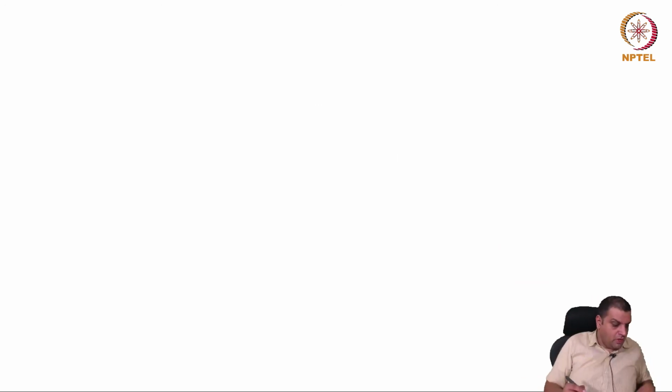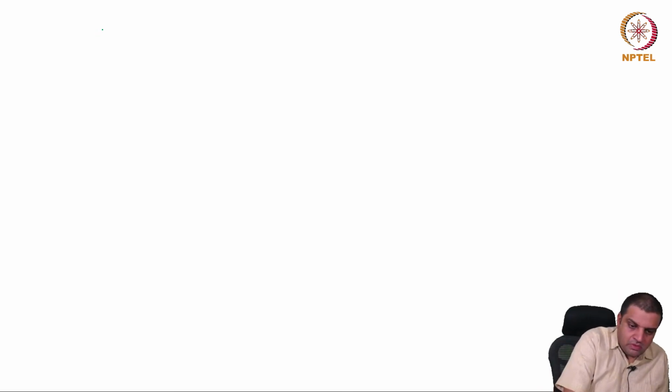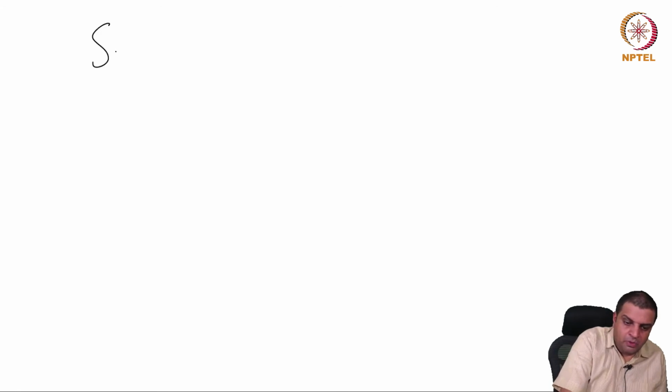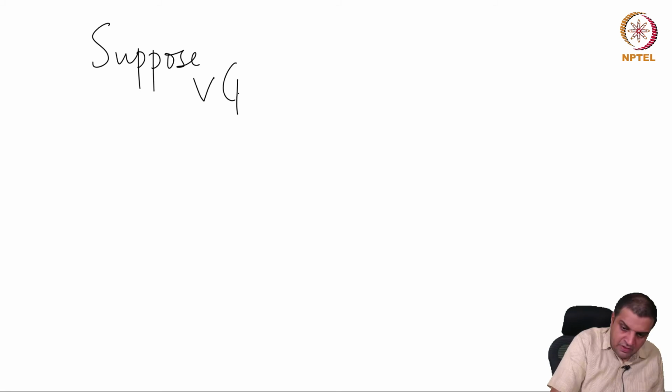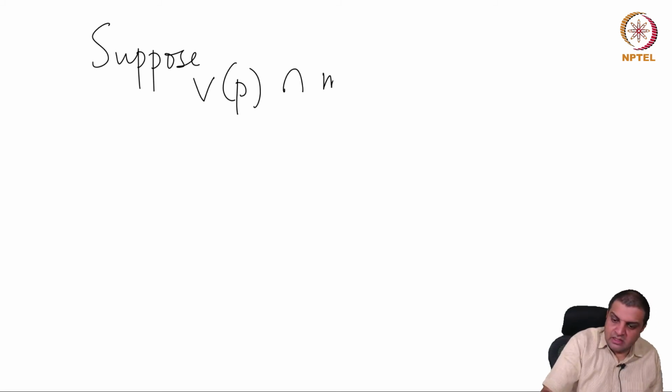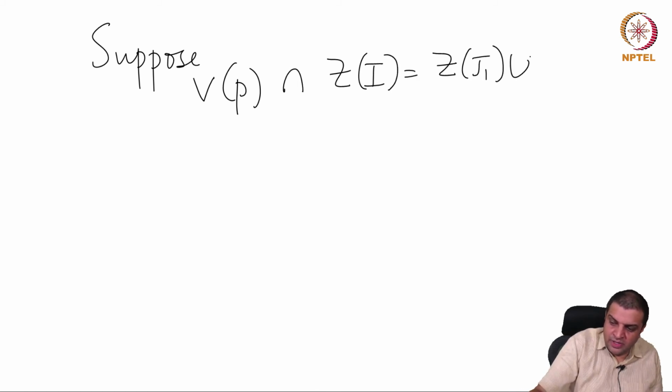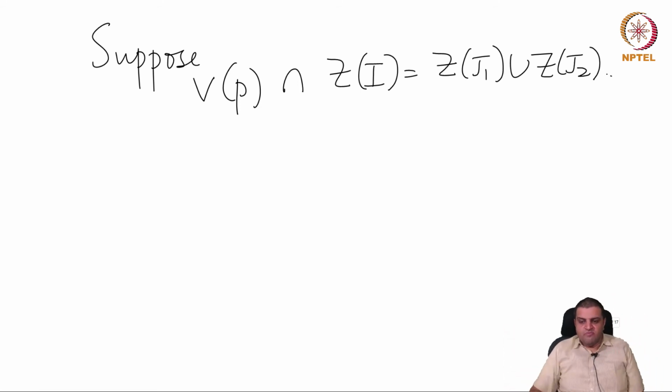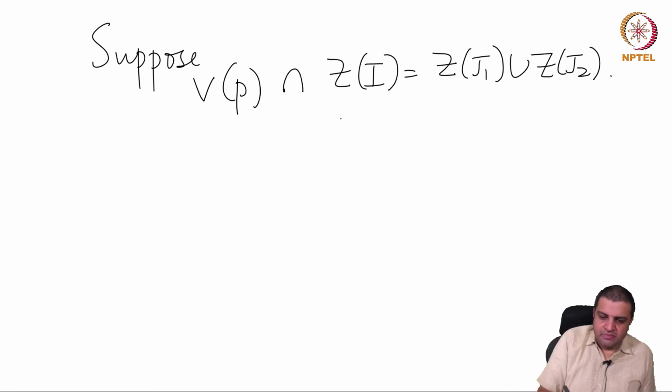Okay. So suppose V of P intersect Z of I is some Z of J1 union Z of J2. Okay. So suppose this is the case, but we can simplify this a little bit.